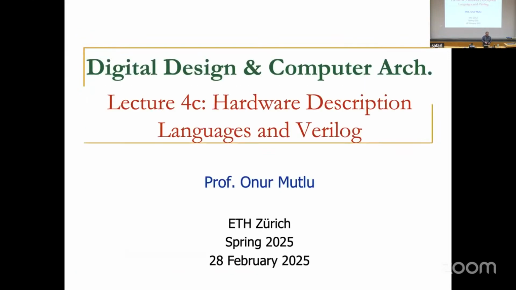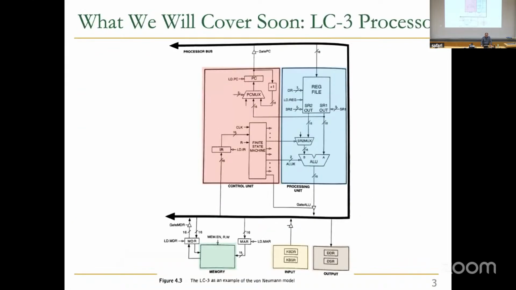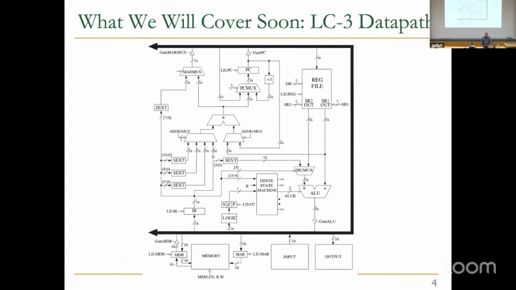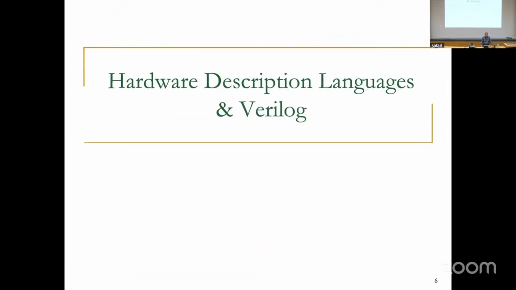Okay, so we have 12 minutes. Of course, we cannot cover this lecture, but we're going to see a little bit of it. This is the agenda. We want to get to the processor next week and the weeks after, how to design a processor.